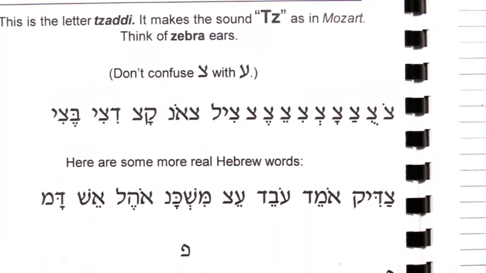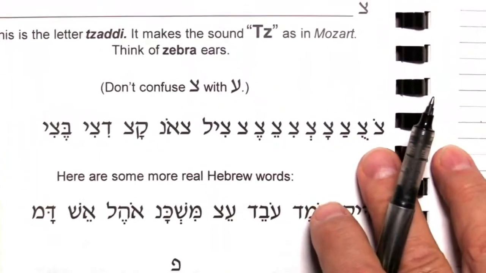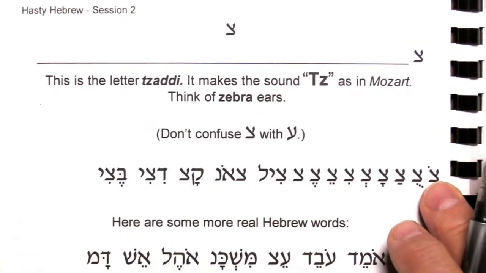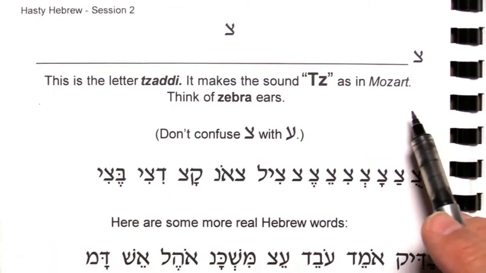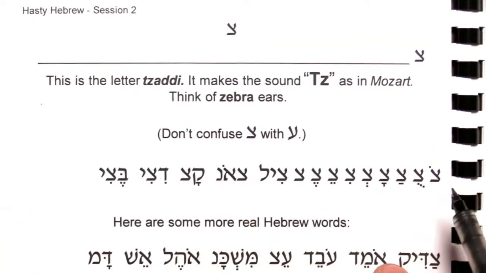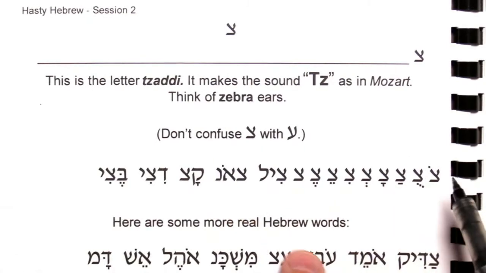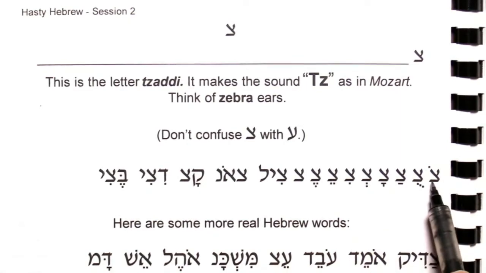All right, we just have a few more, three more I think. So here we have our zebra ears, the TZ, as in Mozart. And I had to get very creative to come up with some words here that we could use this letter in, but you'll probably be best off just pronouncing them like a letter Z. So let's begin with our vowels.